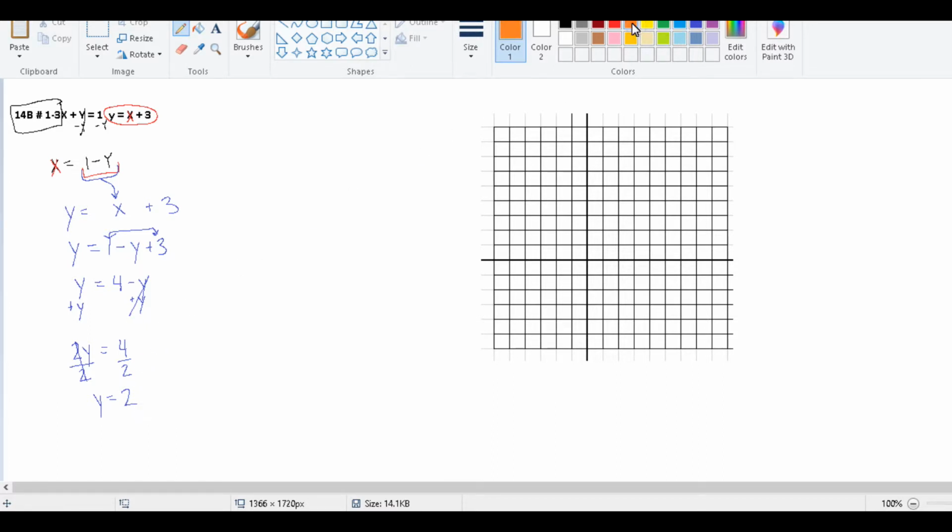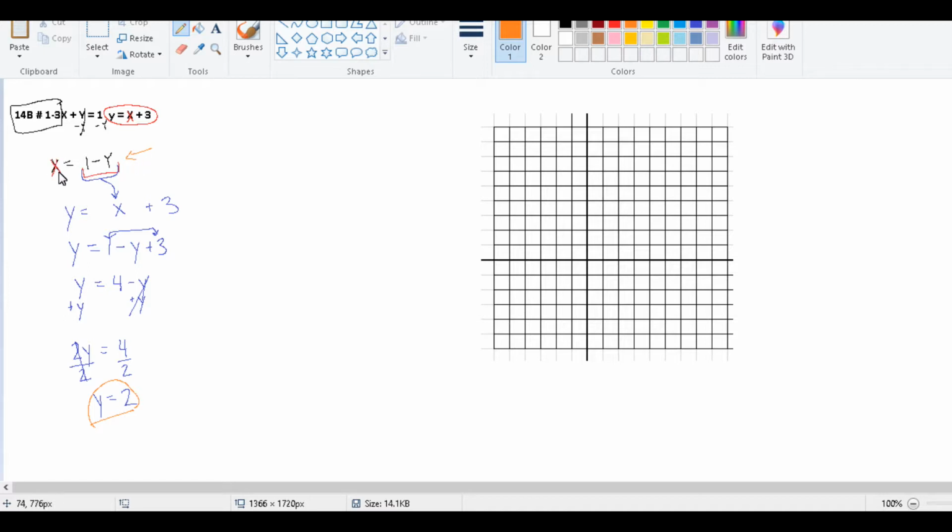Now the last part is to solve for x based on what we have for y. So now we have a number for y, and we can go back to any of the equations and put that y in and solve for x. So I could start with the x plus y equals 1. I could use the y equals x plus 3. I could even use this one down here that we've already rearranged. And usually that's a good one to use because x is all by itself.